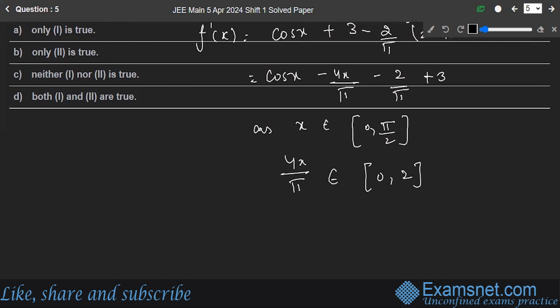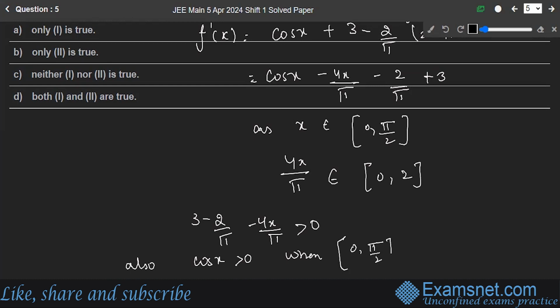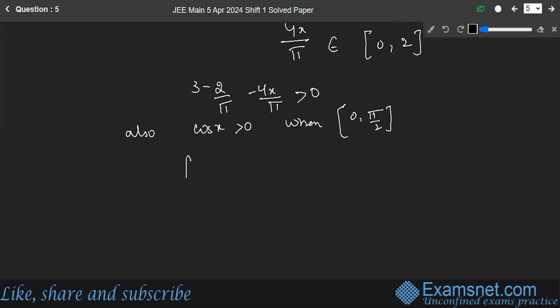So if this is true, then 3 minus 2 minus 4x upon pi is also greater than 0. And you know, cos x is also positive when x lies in the interval 0 to pi by 2, in the first quadrant. So the first derivative is positive, which means f(x) is an increasing function.